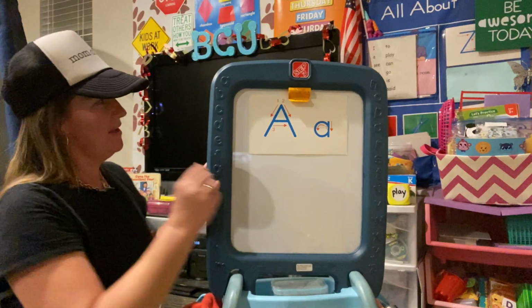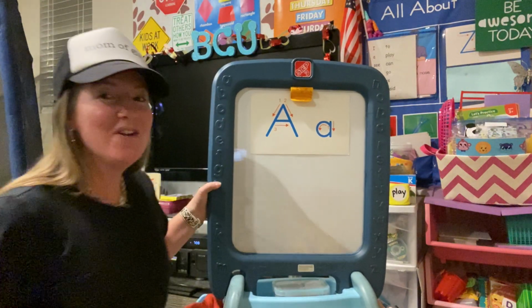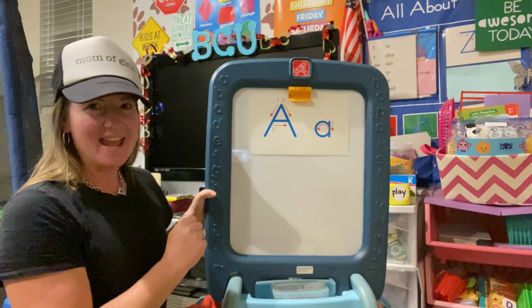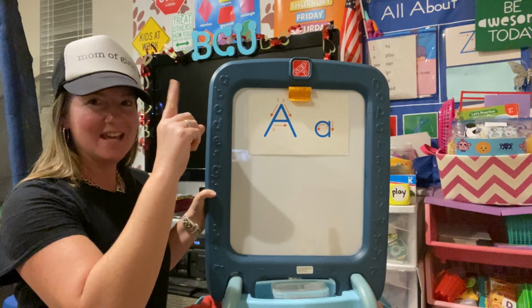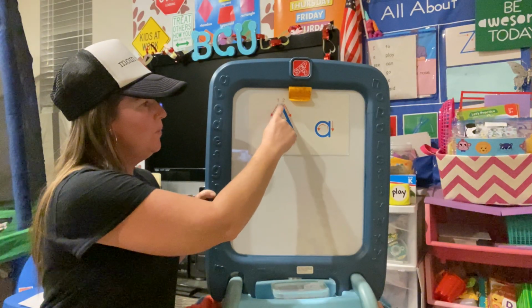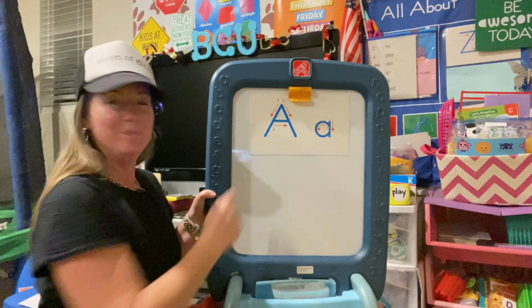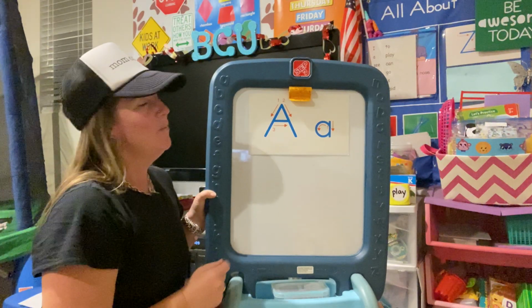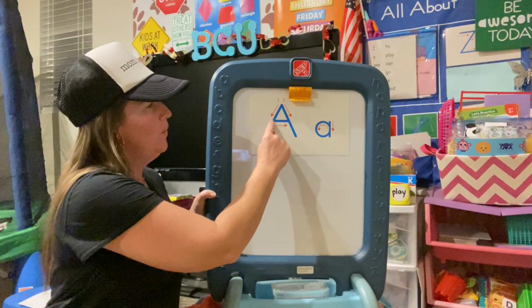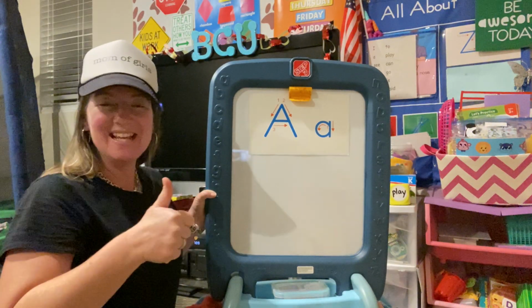Alrighty, so take your air finger, put it in the air. We are going to make capital A all together. So get your air finger, here we go, capital A. Whoop, whoop, whoop. Good. One more time, capital A. Nice job.